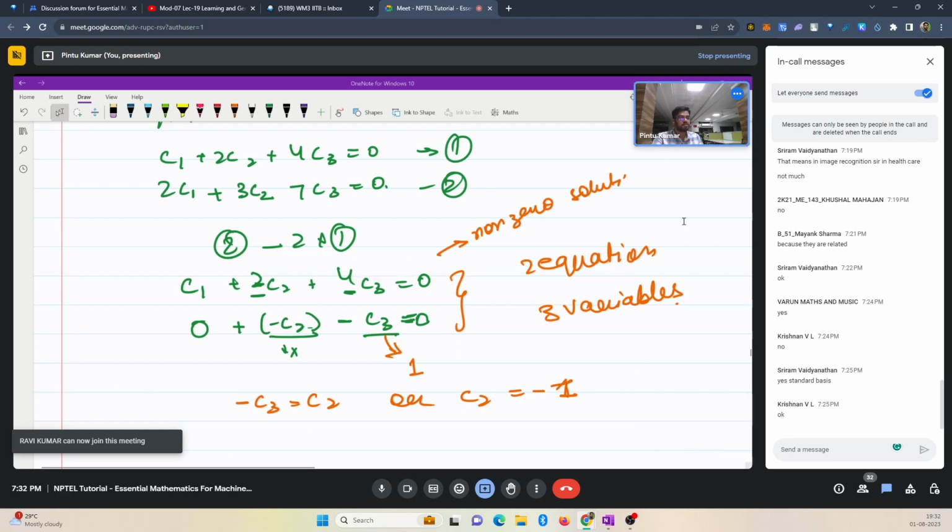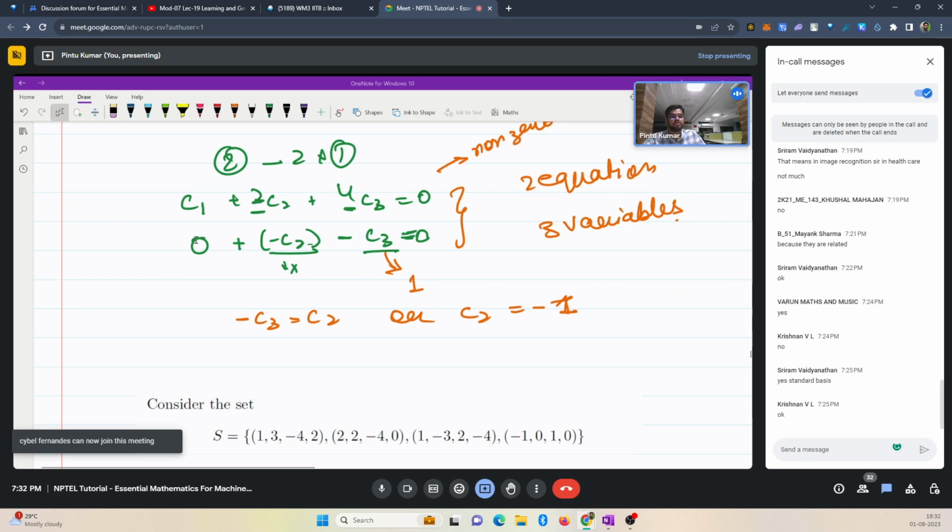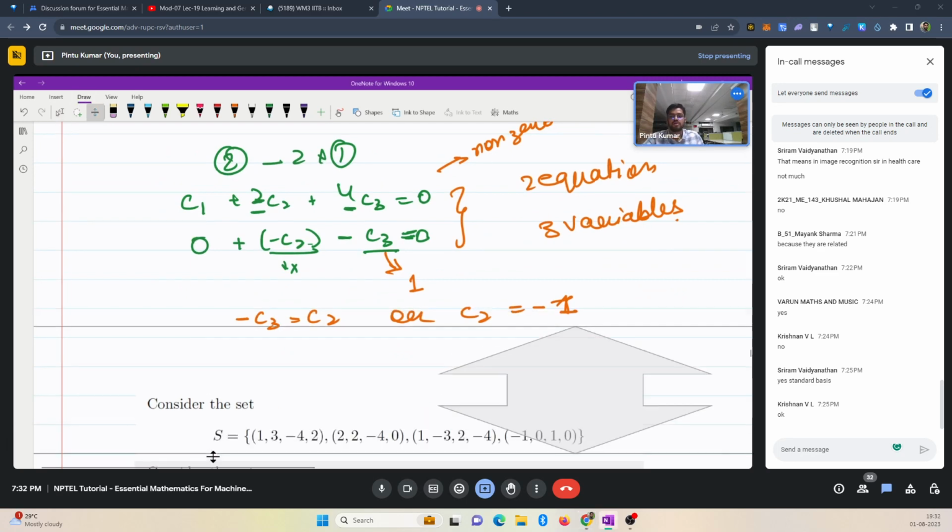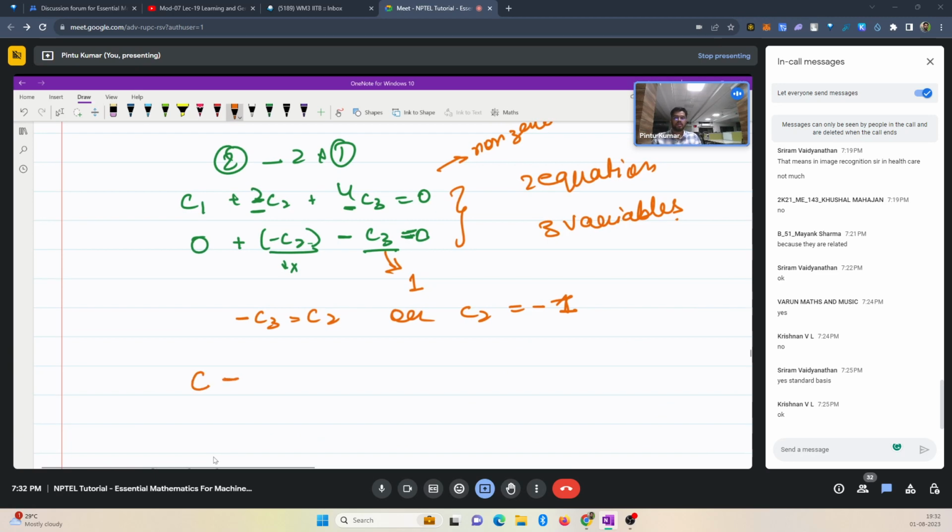Now if we put this back in our first equation, we obtain C1 minus 2 plus 4 is equal to 0, so C1 is minus 2.